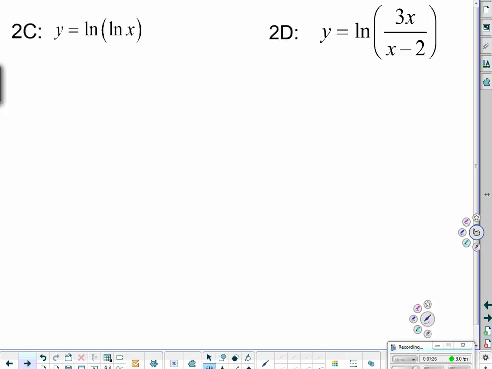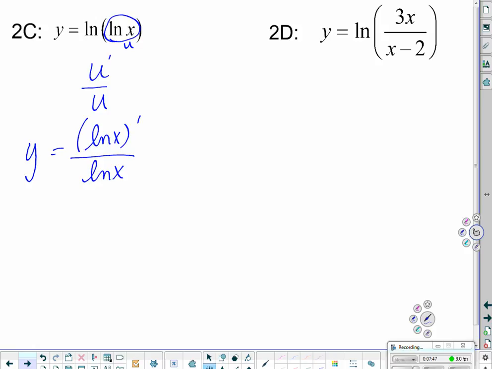Natural log of natural log. These are always a little bit tricky. And we need a u prime over u. And in this case, our inner function is our u. So we're going to have a natural log of x, its derivative over the u portion. And that should be our y prime.